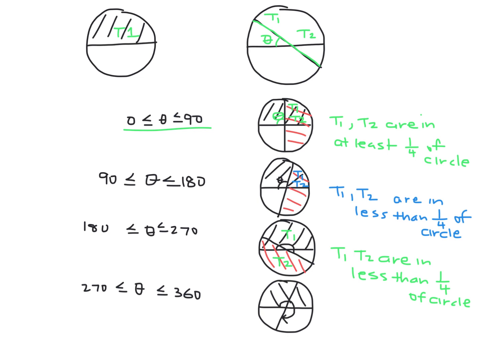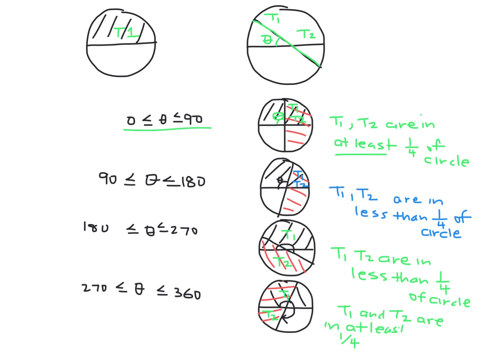So you had first T1 there, and then your T2 is going to be in that section right there. So if you're going to draw T1 and T2, T1 would be somewhere here, and T2 would be somewhere here. So now T1 and T2 are in at least 1/4 of the circle.